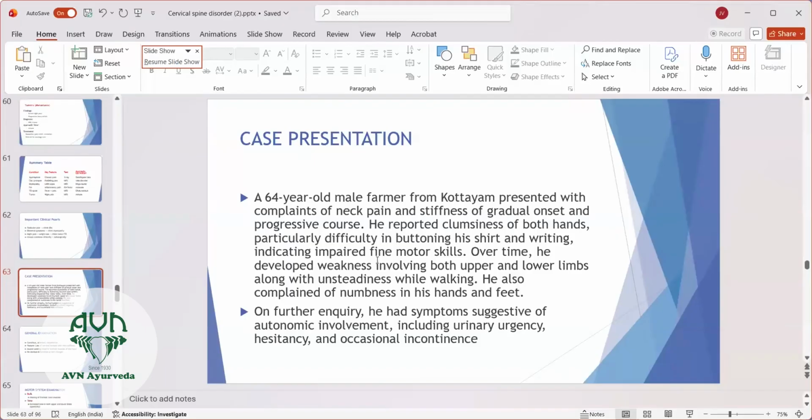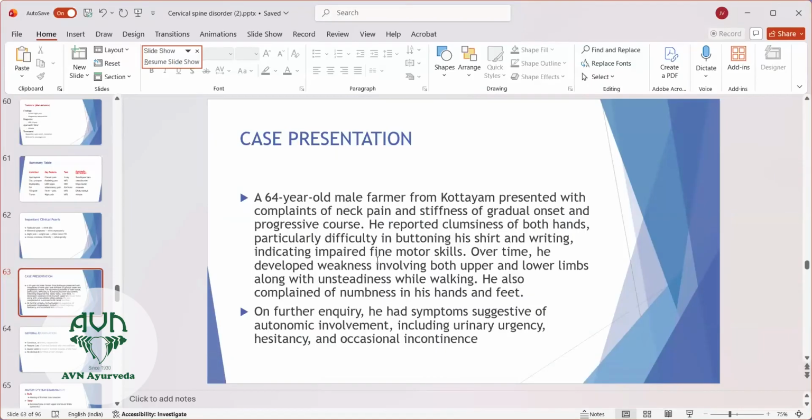I shall repeat it once. A 64-year-old male farmer from Kottayam presented with complaints of neck pain and stiffness of gradual onset and progressive course. Not sudden onset, gradual onset. He reported clumsiness of both hands, particularly difficulty in buttoning his shirt and writing, indicating impaired fine motor skills.